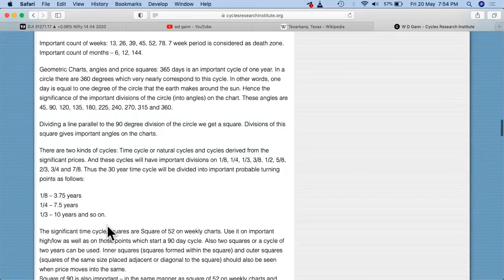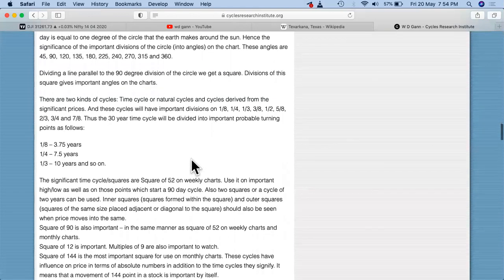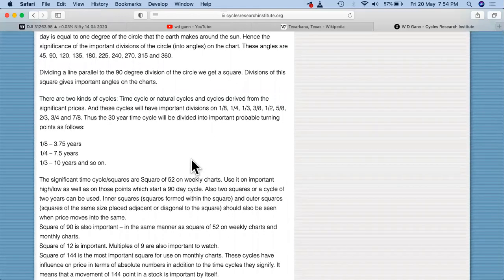Right. So the cycles which are there, again, have been divided into 1/8, 1/4, 1/3, 3/8, 1/2, 5/8, 2/3, 3/4, 7/8. So all these small calculations he has done from his side to identify things which are there. Right. So let's try to see.